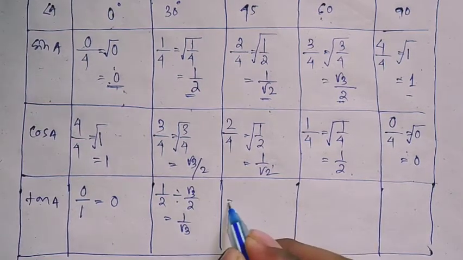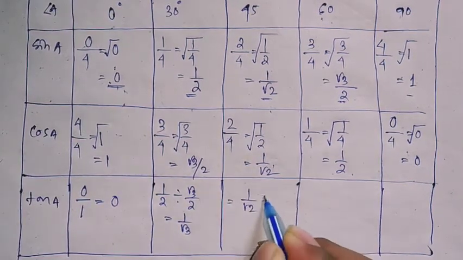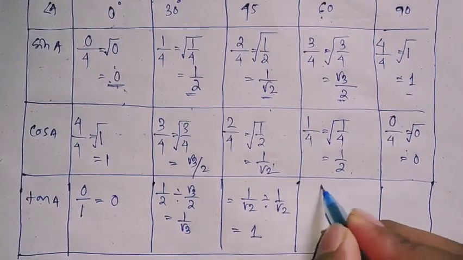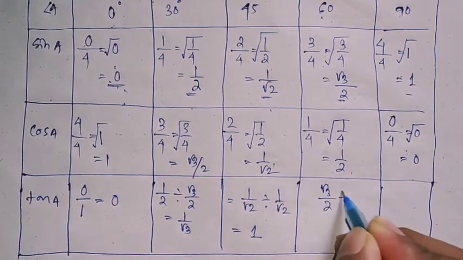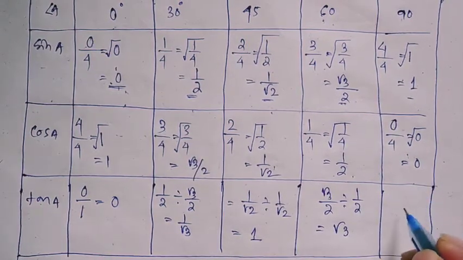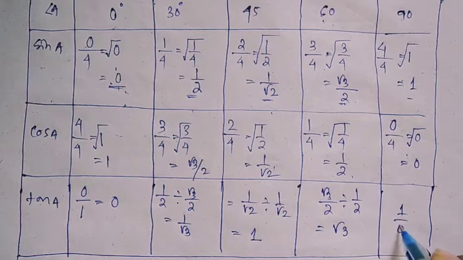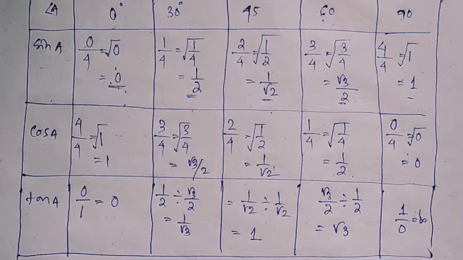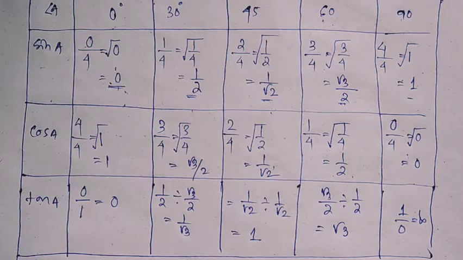Here 1 by root 2 divided by 1 by root 2, so this will be 1. Here root 3 by 2 divided by 1 by 2, so the answer will be root 3, and here 1 by 0, which is equal to not determined or infinity. So here I can calculate the values of sine 0, cos 0, sine 30, cos 45, tan, any values.